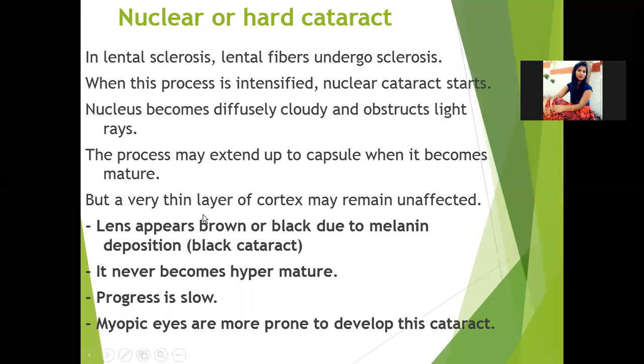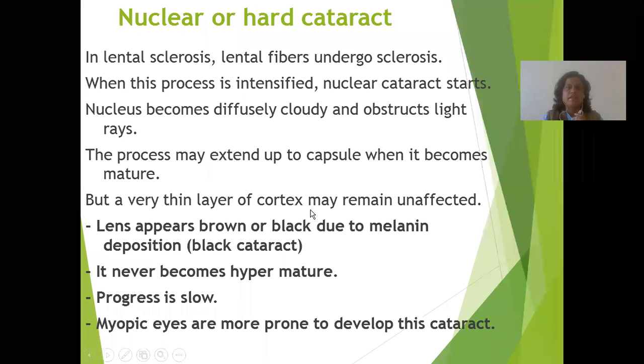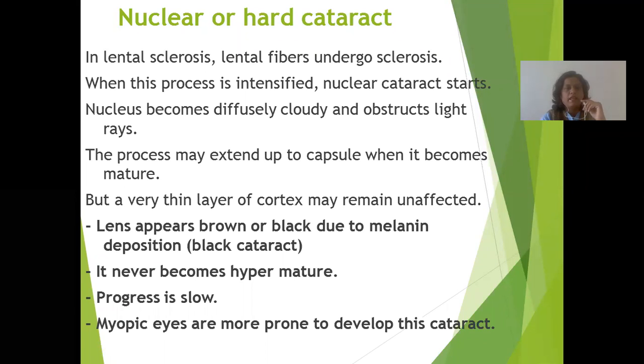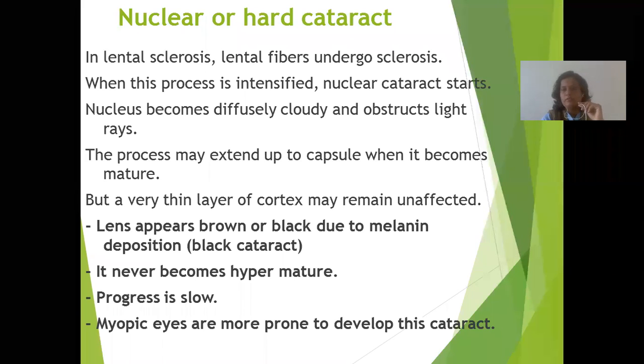But a very thin layer of cortex may remain unaffected. The lens appears brown or black due to melanin deposition, that is the black cataract, and it never becomes hypermature. Progress is slow. Myopic eyes are more prone to develop these cataracts.